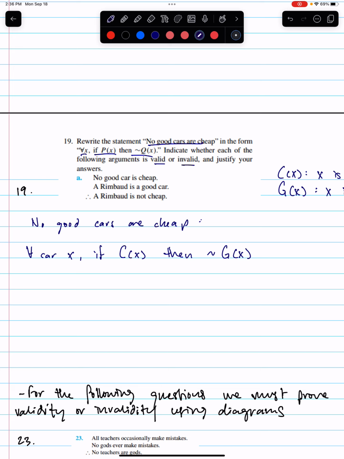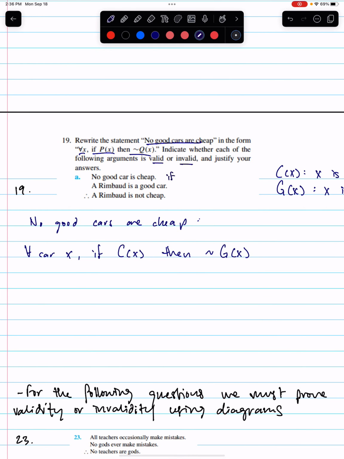So it says a rimbaud is a good car, right? So we said if it's cheap, then not good. So we have good, and it says not cheap.